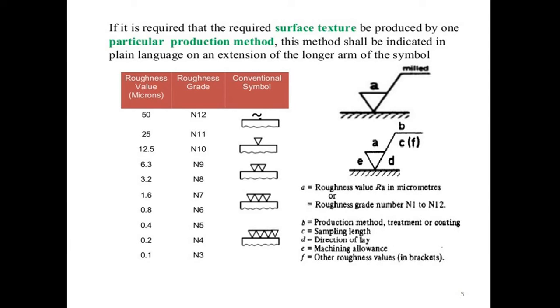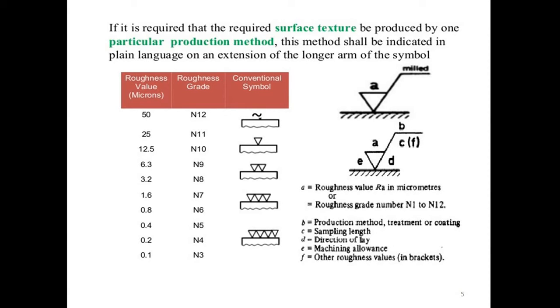A is roughness value Ra in micrometers or roughness grade number from N1 to N12. Go to the table, the grade values are N3, N4, N12 like that. So there may be Ra value or there may be roughness grade value.